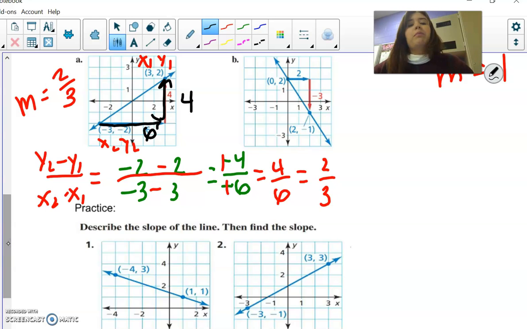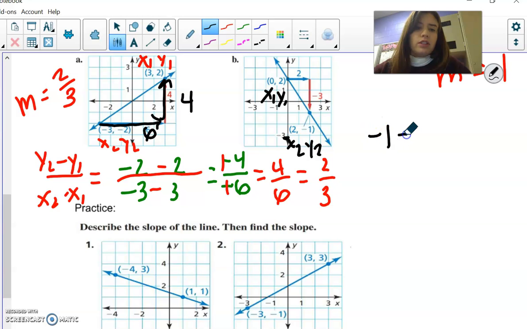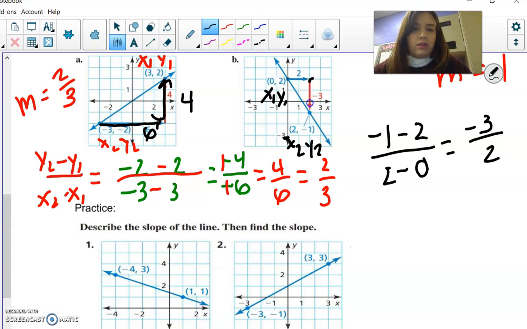So if we're looking at B, we're going to take our x1, y1, our x2, y2. y2 is -1. We're going to subtract that from our normal 2. And then on bottom, we're going to take x2, which is 2, subtract that from our x1, which is 0. So we have a -3 over 2. And if we look at this, our rise, which is up or down, is -3.